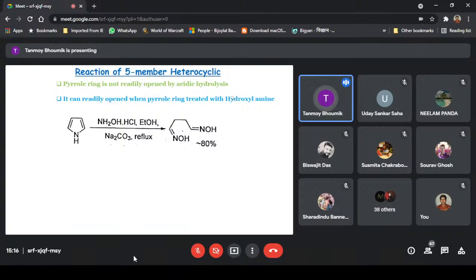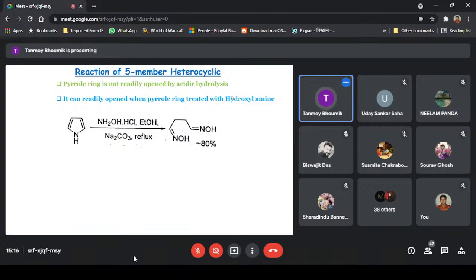And there is another thing: the ring junction, with the conditions required for ring opening. We already mentioned that whenever the pyridine compound is treated with a Lewis acid, it can break all the bonds and form a glycol type of compound.